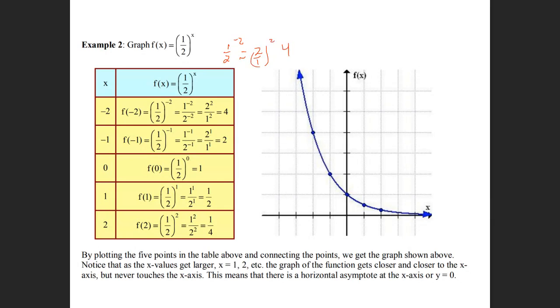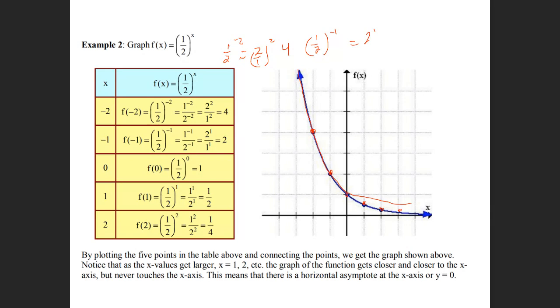So if I wanted to graph negative 2, it would be at 4. If I did 1/2 to the negative 1 power, that's just going to be 2 to the first power, which is 2. So negative 1, I'd have 2. And so on and so forth. You can just take a look at the list there. But making a table of values is a great way to graph exponential functions.